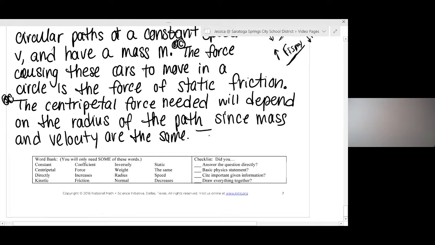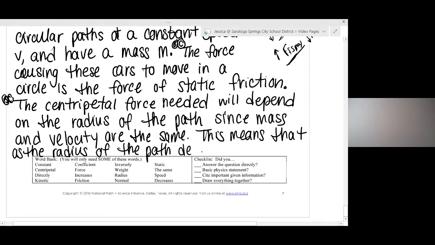So this means that as the radius of the path decreases, because I want to talk about why B is going to lose control, so I'm going to talk about B having the lower path.